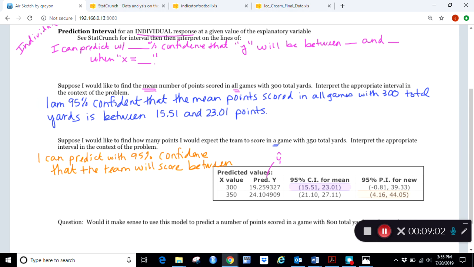Now if I look at these numbers, we are talking about a single game, so it does not make sense to have a decimal here because I can't do that. And we are actually going to extend this into both directions. So we're going to say between 4 and 44 points in a game with 350 total yards.